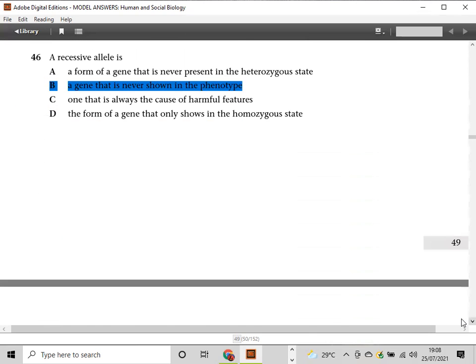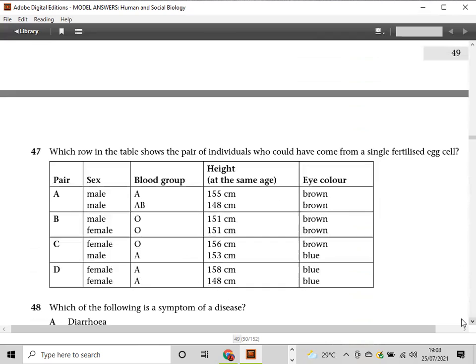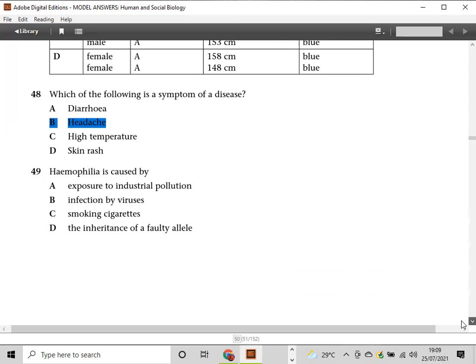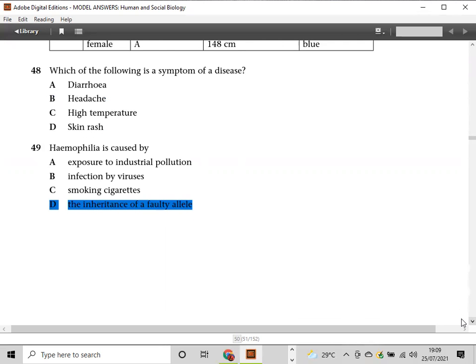phenotype. And 47, I'm just going to give you the answer for this. Look through it carefully. It's B. And 48 is also, so 49 is D. An inheritance of 48.